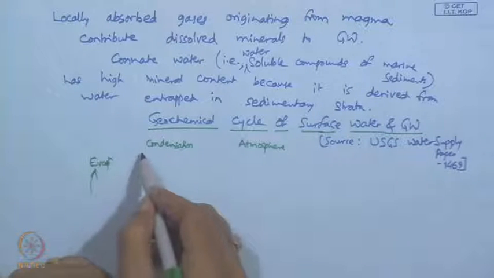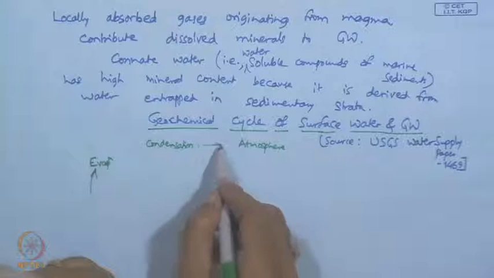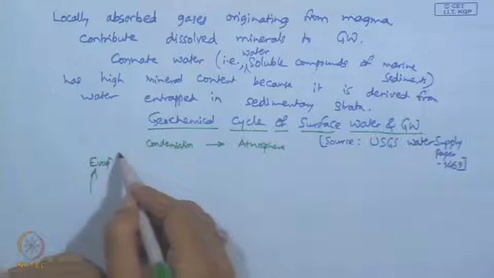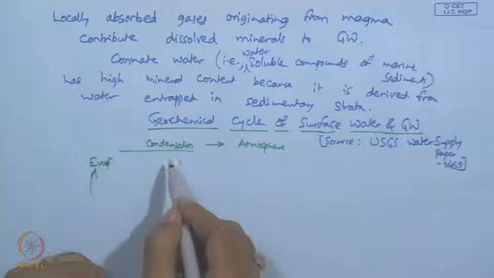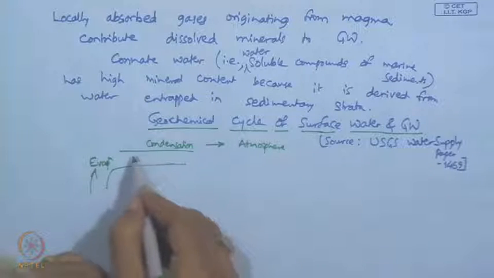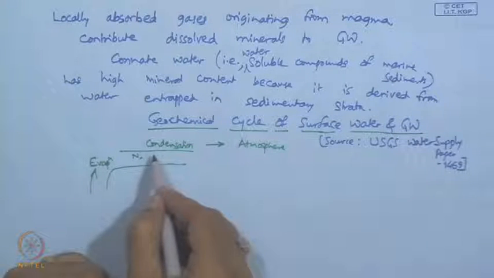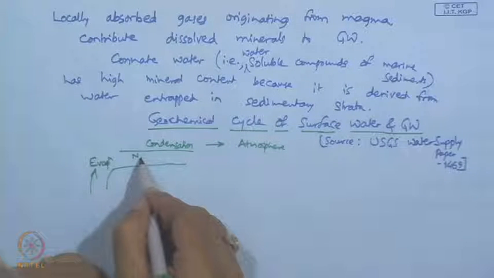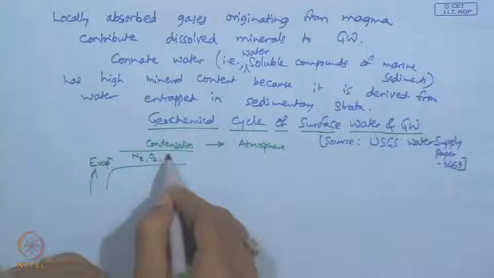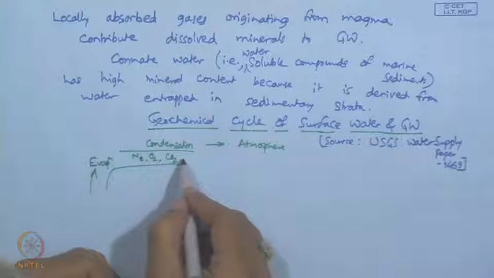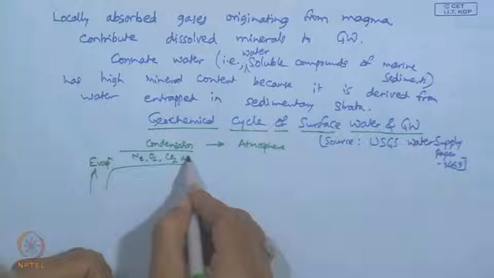While condensation occurs, it gets nitrogen, oxygen, N2, O2, CO2. So, these are dissolved.